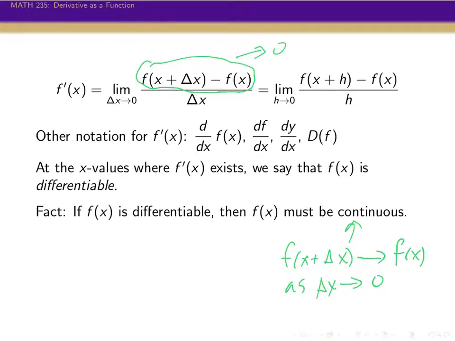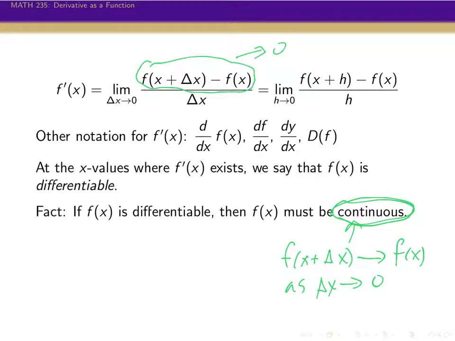If the numerator was going to any other value, or not going to anything at all, there's no possible way for this limit to exist. So continuity here is absolutely necessary for the limit to exist. If it's differentiable, that means the limit exists, so f of x has to be continuous.